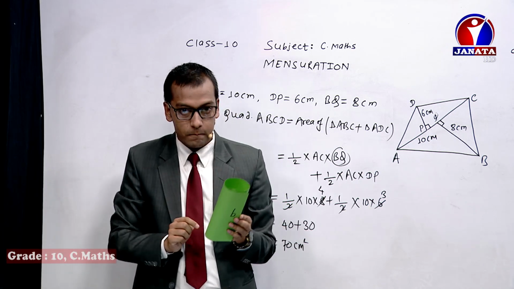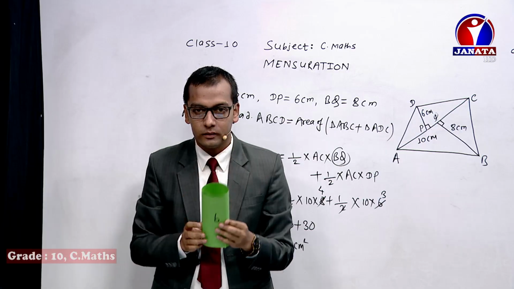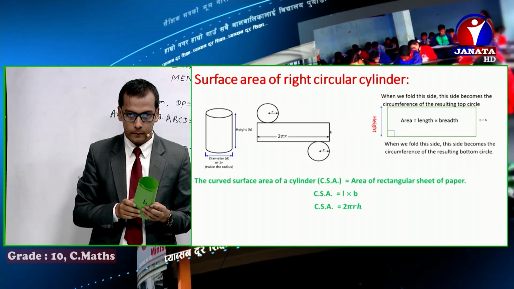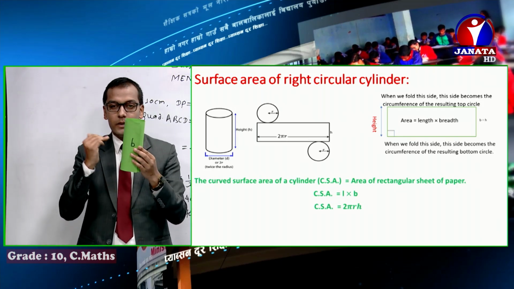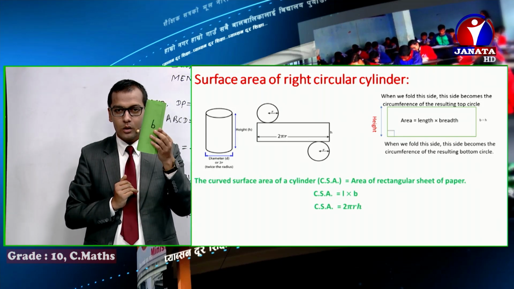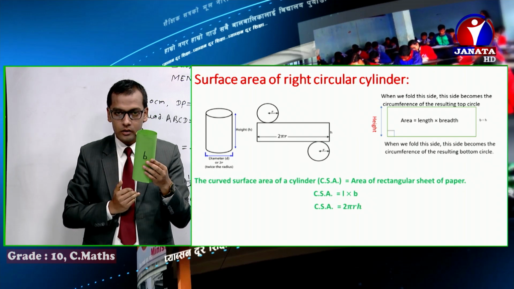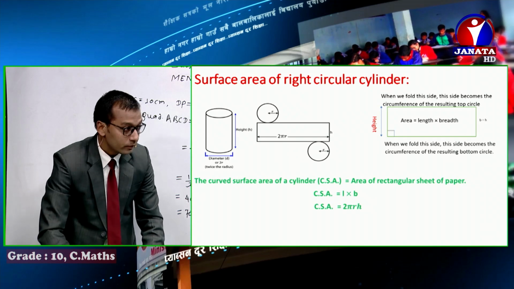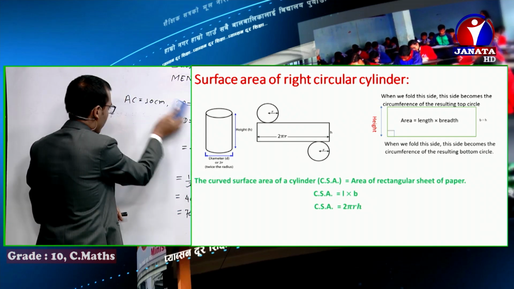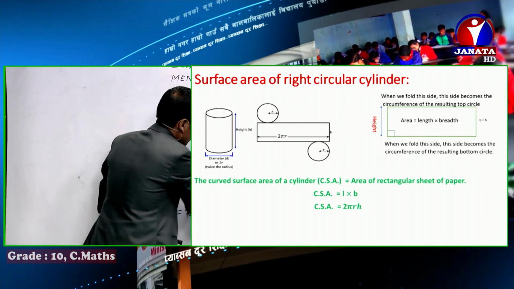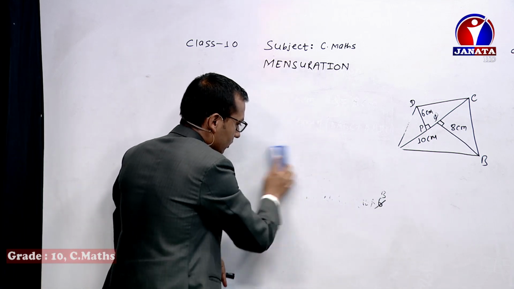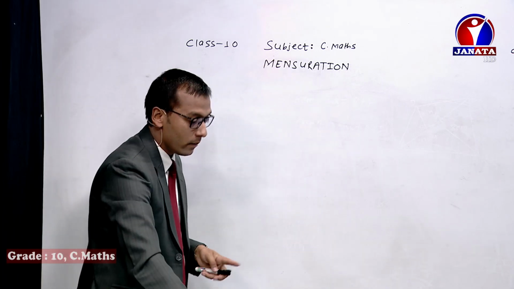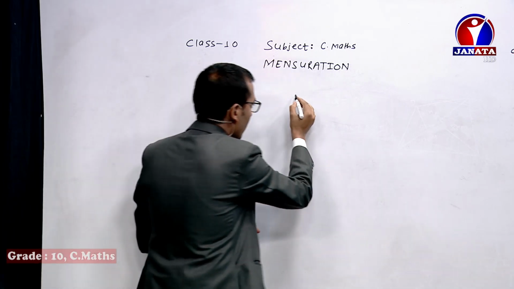Let me show the next slide. This slide talks about the same process. In this way, we can obtain one curved surface figure, and this is called cylinder. Now with the help of this activity, let me write the formulas for its lateral surface or curved surface area.